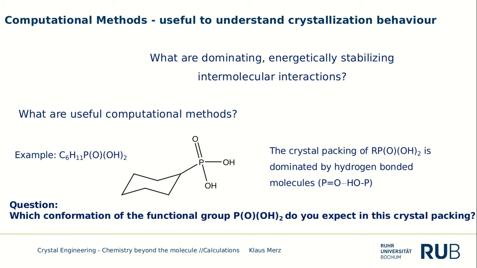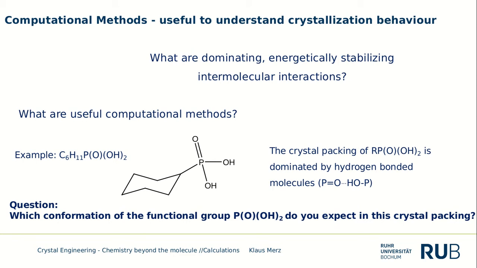But now the next question is, if you look once again at this molecule, what is the conformation of this central unit of the molecule in the crystal packing? So this is the question, and now have a look.